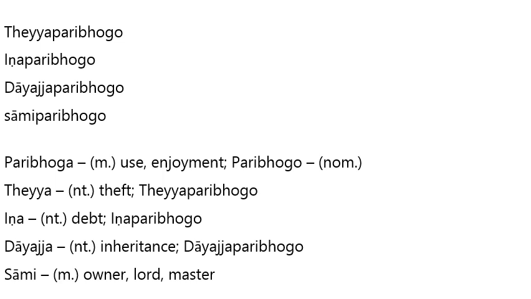In all the 4 words, Paribhogo is a common term, so let us first understand Paribhogo. Paribhoga means use or enjoyment. Paribhogo is the nominative form. Theyya means theft. So, Theyya Paribhogo means enjoying like a thief.